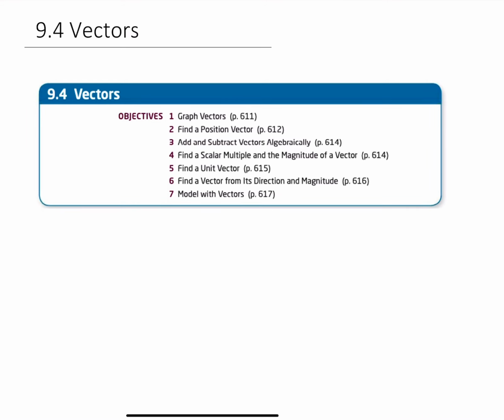In this video, we're covering section 9.4, which will be our introduction to vectors. So just to give a brief introduction, we can visualize a vector as a directional line segment between 2 points. So usually use an arrow. So we can say it's starting at some point P and terminating at some point Q with this specific direction.